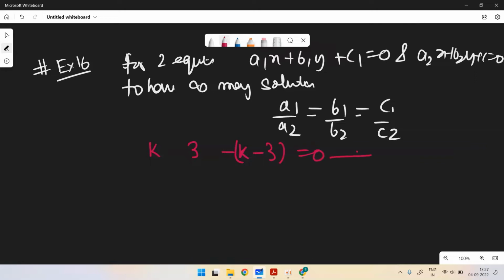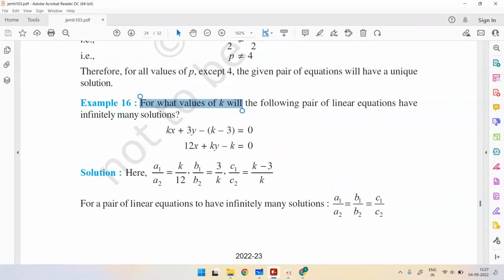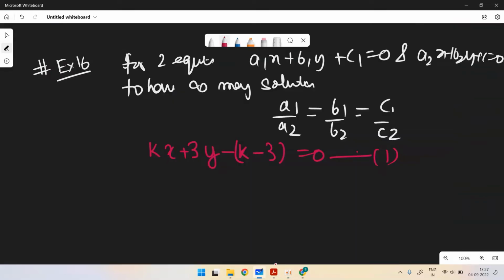This is my equation number 1. This is kx plus 3y minus, equal to 1, and the other equation will be 12k minus k equal to 0.